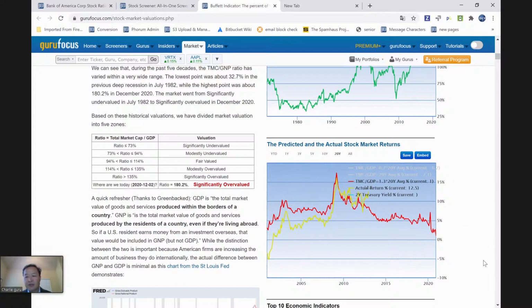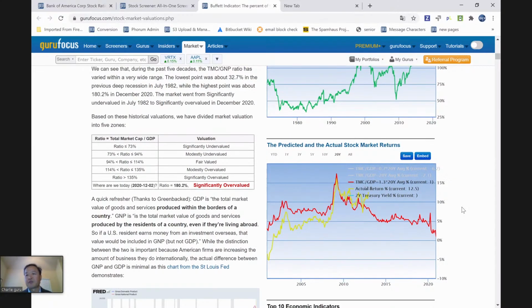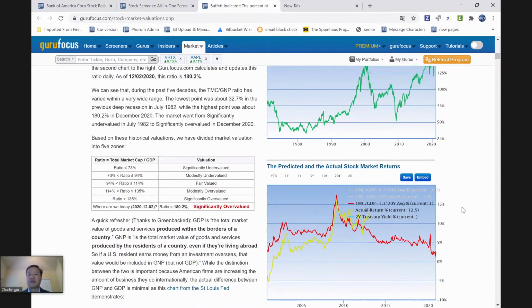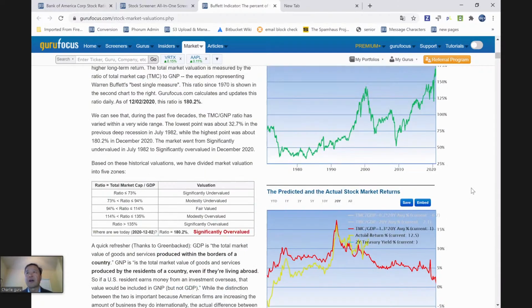So probably for the future, we can use this optimistic line. But even if we use this optimistic line, the market will only have about 1% return per year for the next 8 years. So this picture is really very bleak. The future return is very bleak, because the current valuation is just too high.